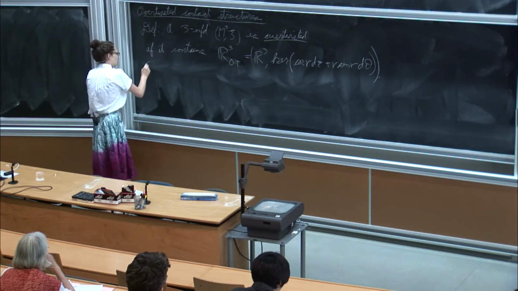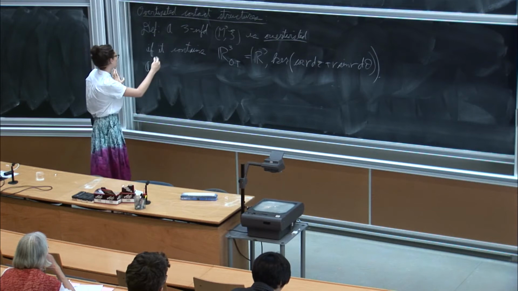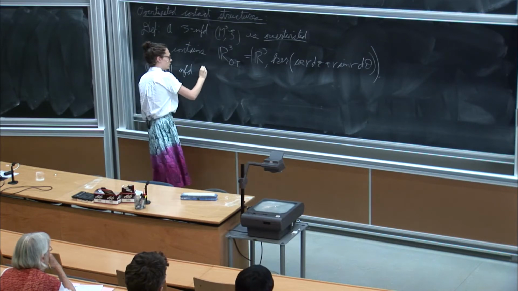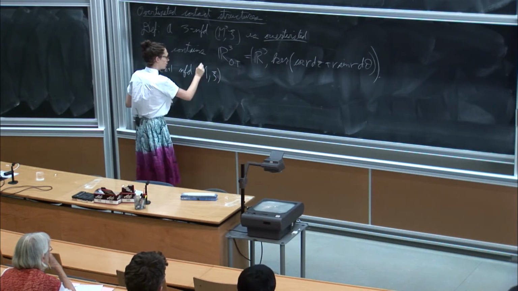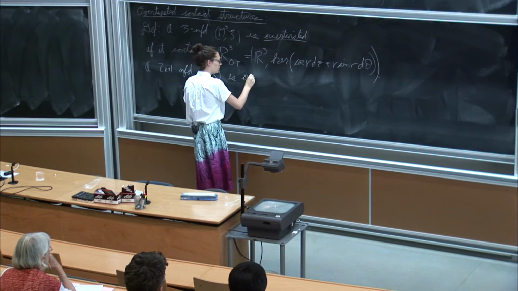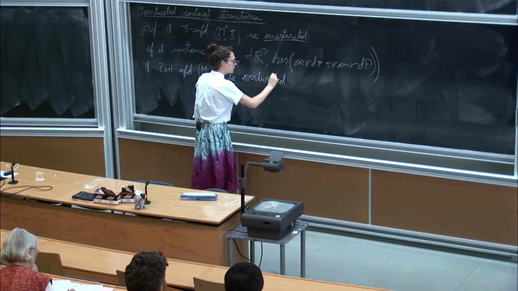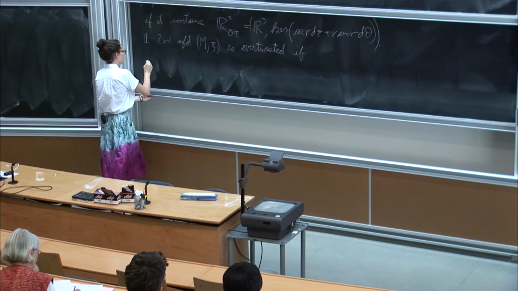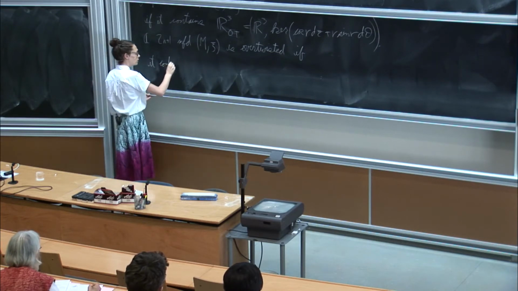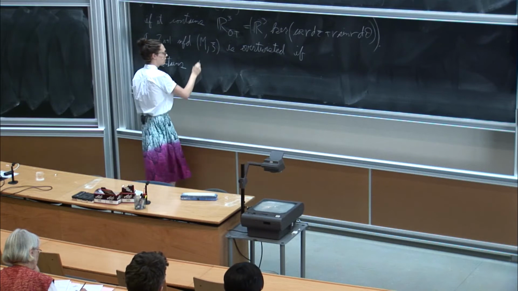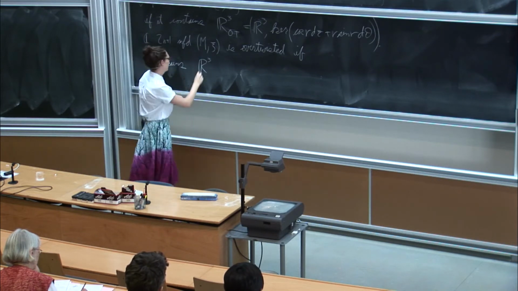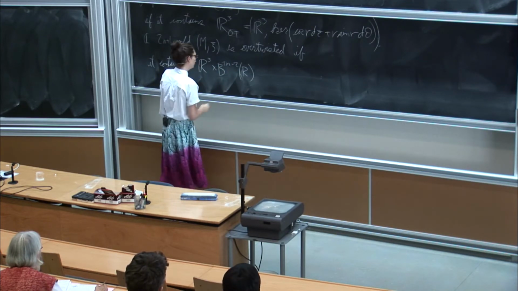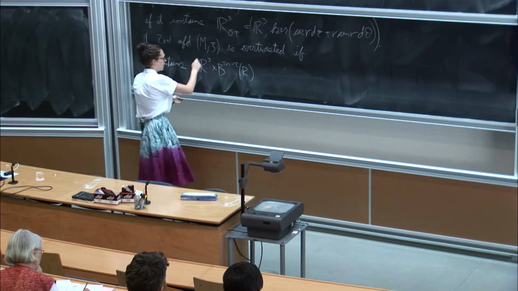And then I'll say that a 2n plus 1 manifold is overtwisted if it contains a product neighborhood of this model.